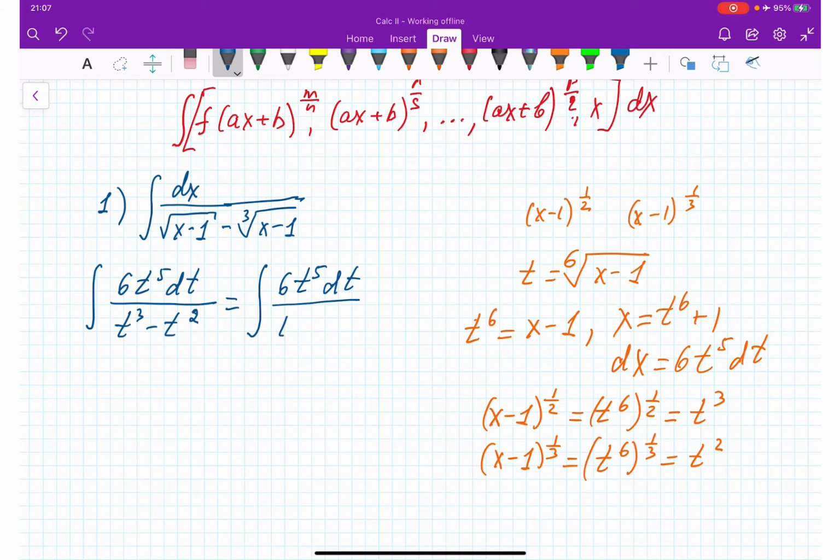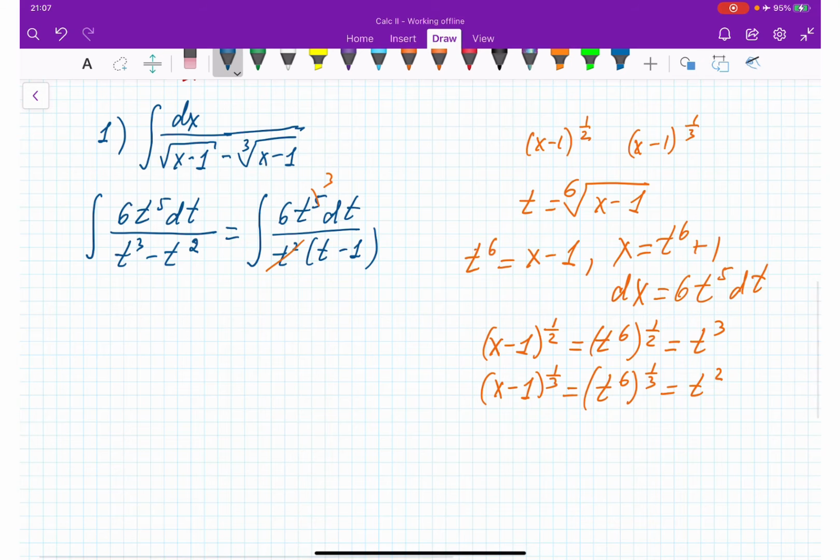Taking t squared out, I will have t minus 1, and accordingly t squared is gone. Here will be left only t to power 3, since 5 minus 2 is 3. Okay, and what do we have here? We are getting integral 6t cubed dt over t minus 1. Yes? All right.